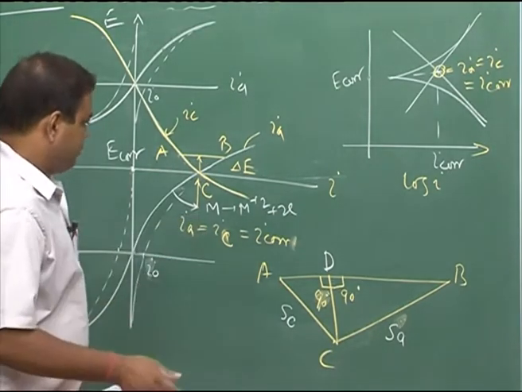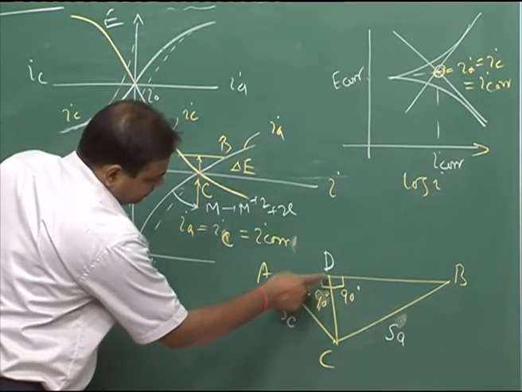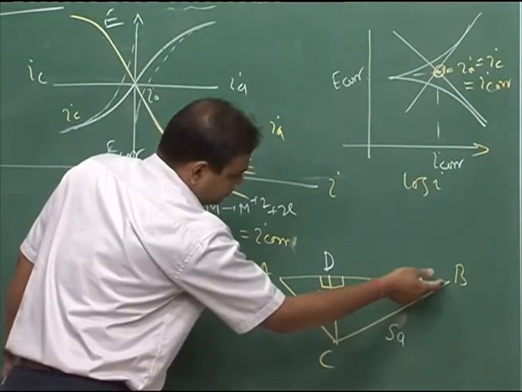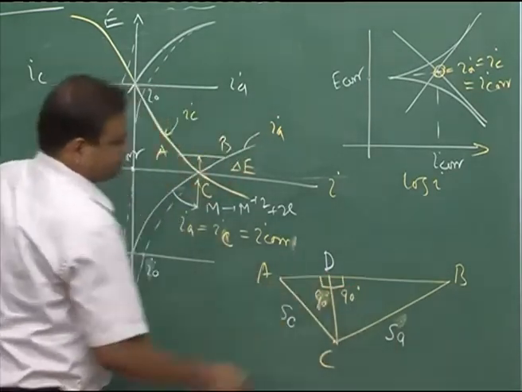S C would be equal to this by this, and S A would be equal to this by this.